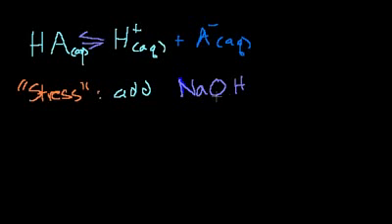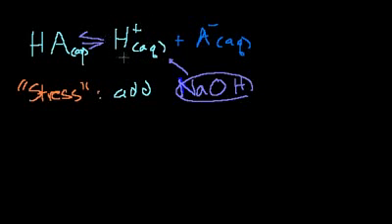So when you add this OH to the solution, what's going to happen is, for every molecule you add into the solution, it's going to eat up a molecule of hydrogen, right?